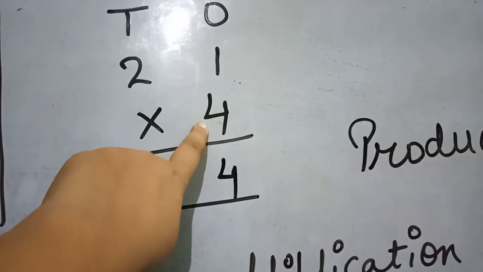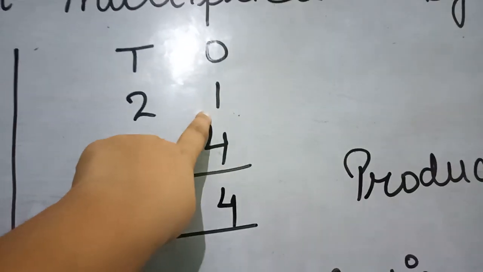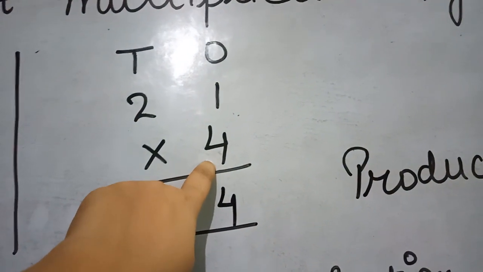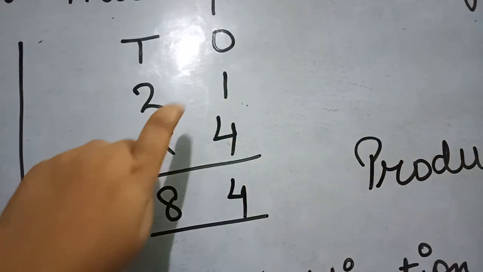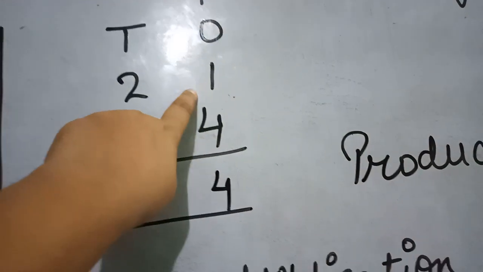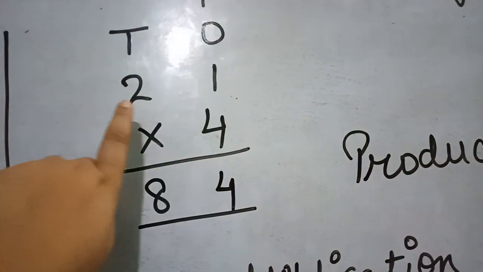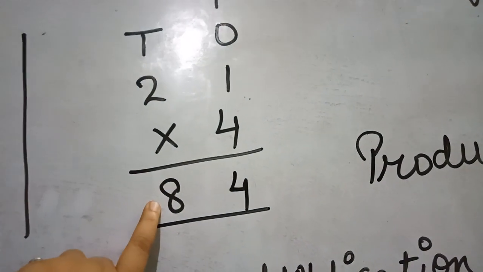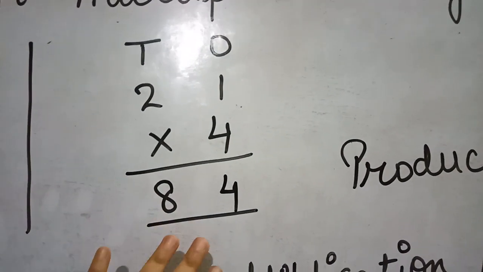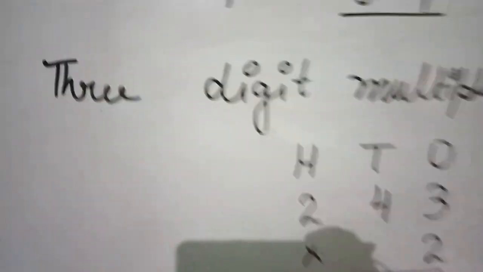In the first step, the multiplier multiplies with ones, and then with tens. When we multiply with ones, the answer goes here, and when we multiply with tens, the answer goes here. Hope you get it. The product is 84.